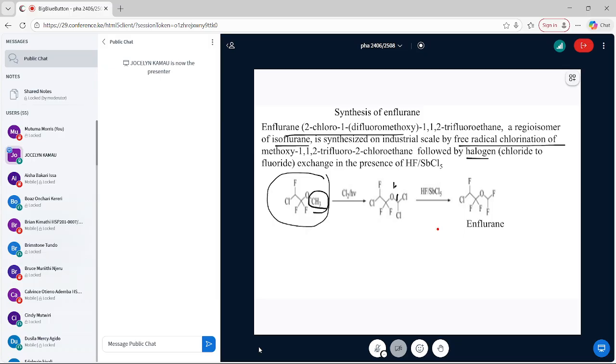And then now we are saying it is an exchange of halogens. You exchange chlorine for fluorine using hydrofluoric acid and antimony, and that gives you enflurane. So again, it is not a very difficult method of synthesis, and I think it has also been well explained.